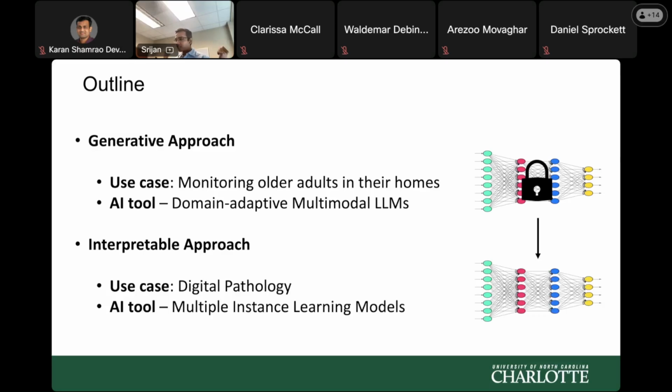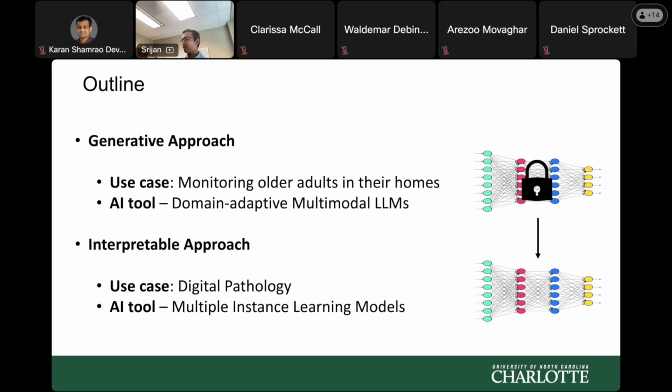However, the second part of the talk will be a bit deviated from action recognition, because in the second part of the talk, I will be talking about digital pathology. I think most of the people in the audience will be aware of the generic workflow of digital pathology, how neural networks are used to interpret pathology images.